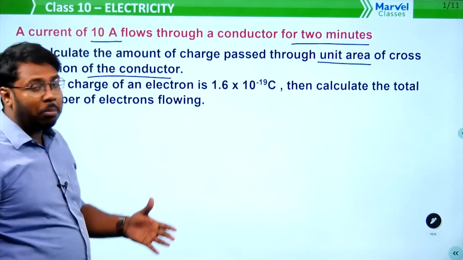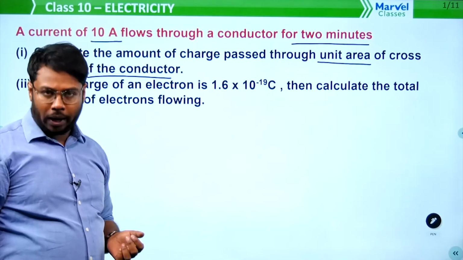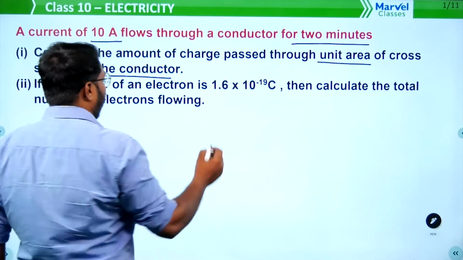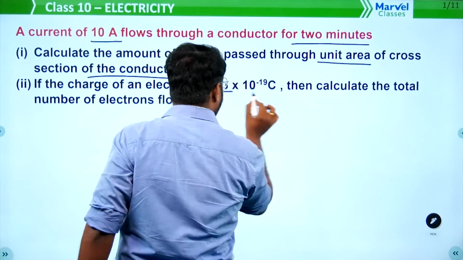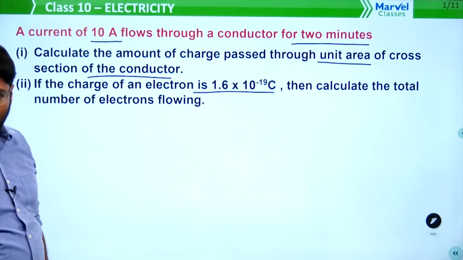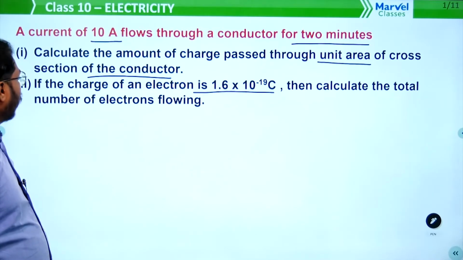First, you have to tell me how much charge goes through. In the second case, an electron has a charge of 1.6 into 10 power minus 19 coulomb. Then calculate the total number of electrons flowing.